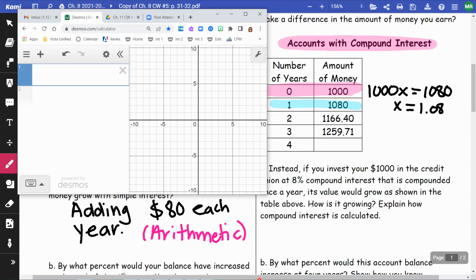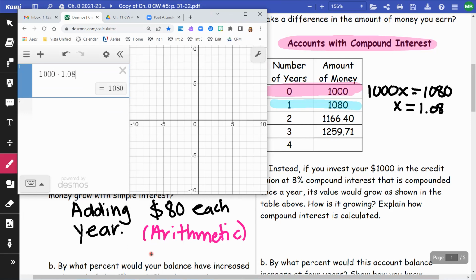Okay, so if I take 1,000 times 1.08, you see, I did get that.